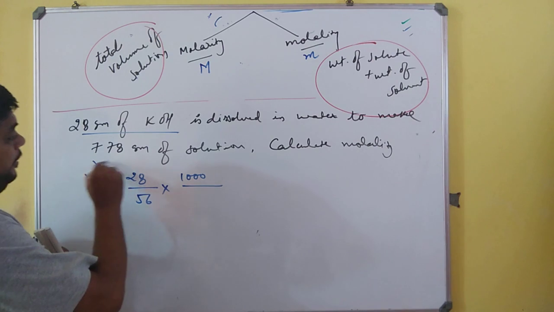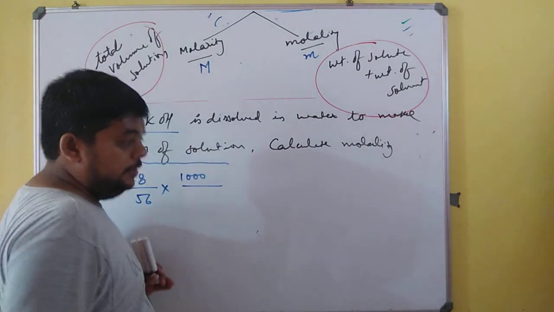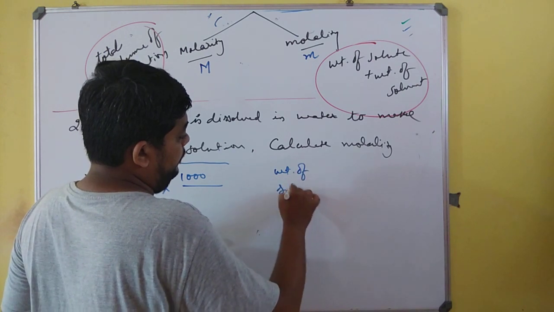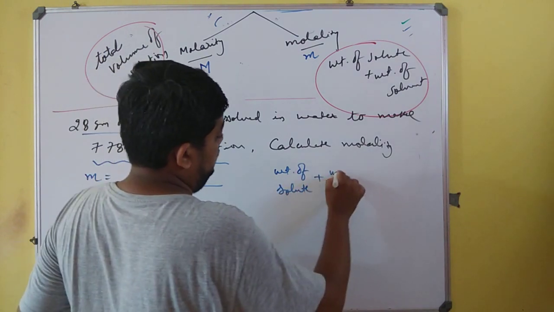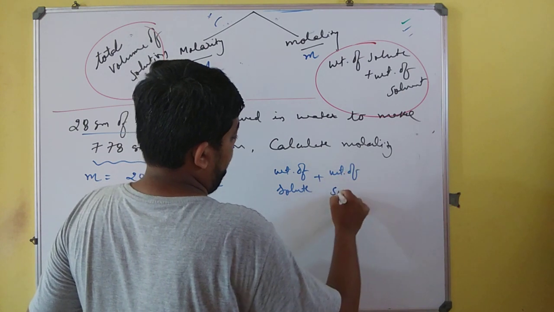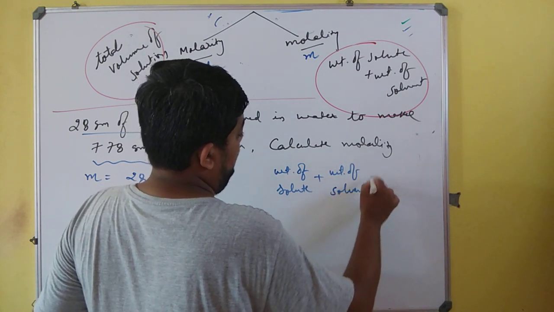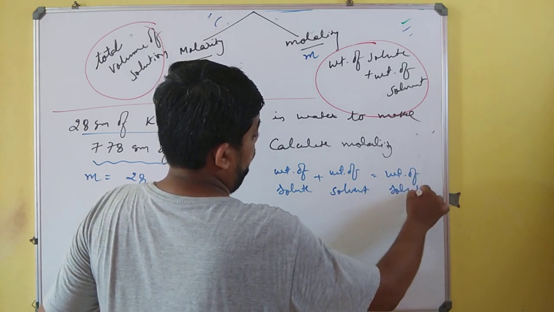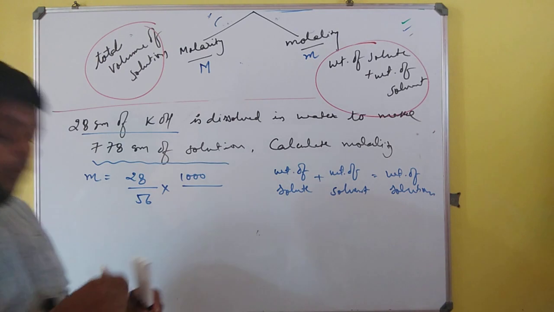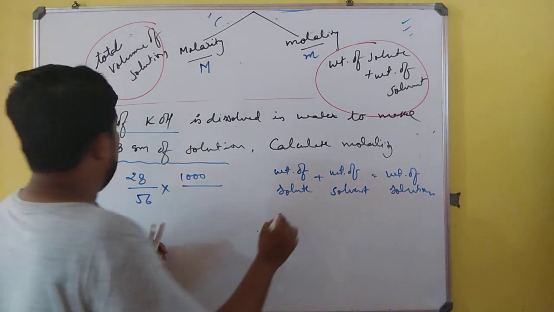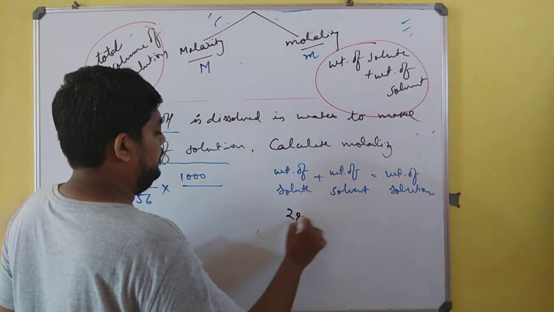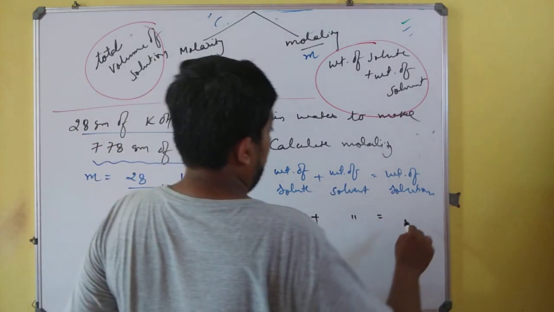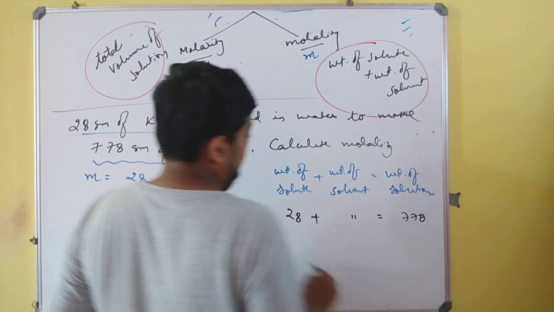But over here you have the weight of solution, so you will use a very simple formula: weight of solute plus weight of solvent is equal to weight of solution. Now weight of solute is 28, we do not have weight of solvent, and weight of solution is 778.